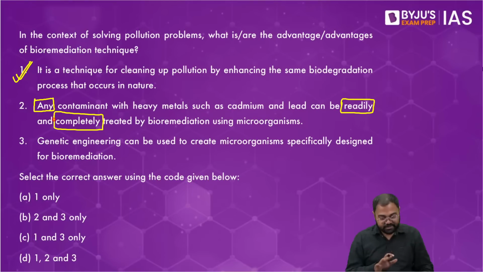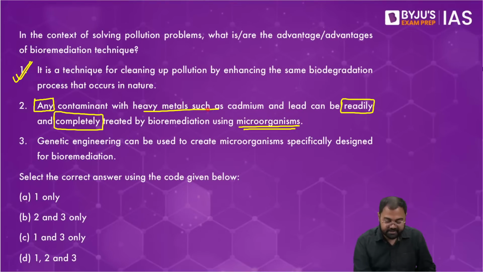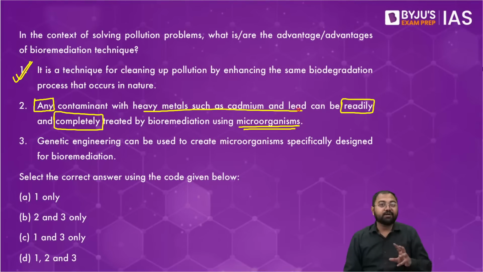That's why this is not a correct statement, because we are talking about microorganisms. And as I told you, when it comes to heavy metals such as cadmium and lead, it's not easy for the microorganisms to break them down. All right. So yes, in certain cases, can they do it? Yes, they can. But only in very extreme cases. And that too, we have been trying genetic modification in microorganisms so that we can carry out these kind of processes. So it's an exceptional case where we can even do it.